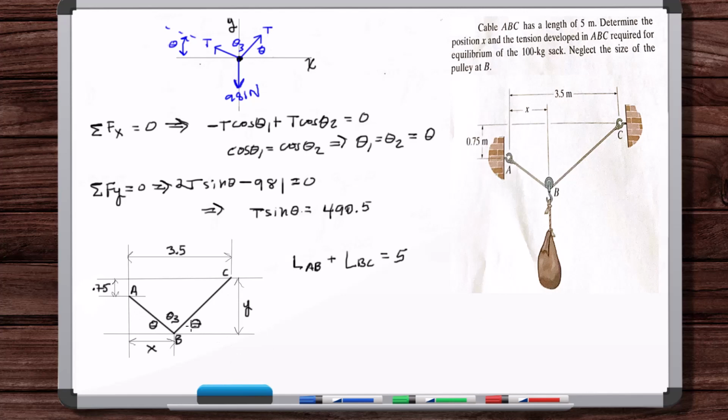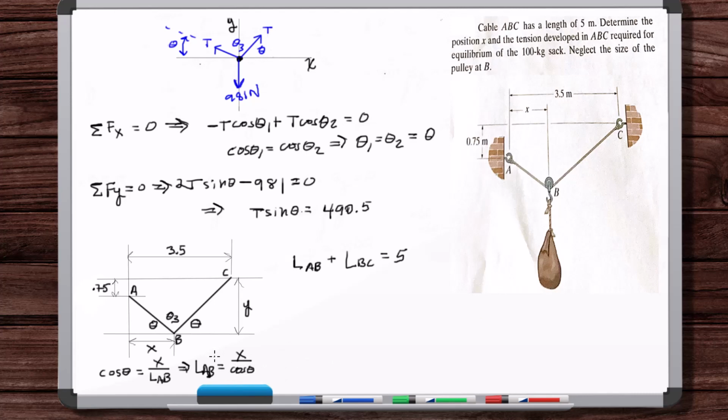Well, cosine of theta is equal to the adjacent over hypotenuse, LAB. We can say that LAB is equal to x over cosine theta, right?